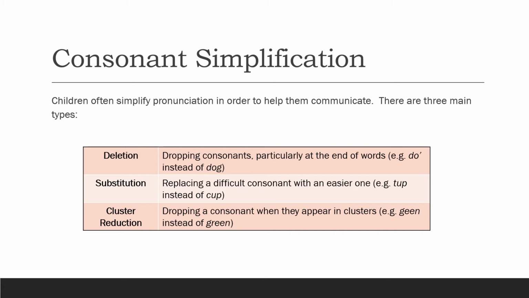In this case, our example is green, so we've got a gr, green, and a child might reduce that consonant cluster, the gr, to a g, geen, rather than green. Okay, so it's not uncommon for that to be reduced and simplified as a cluster in its own right.